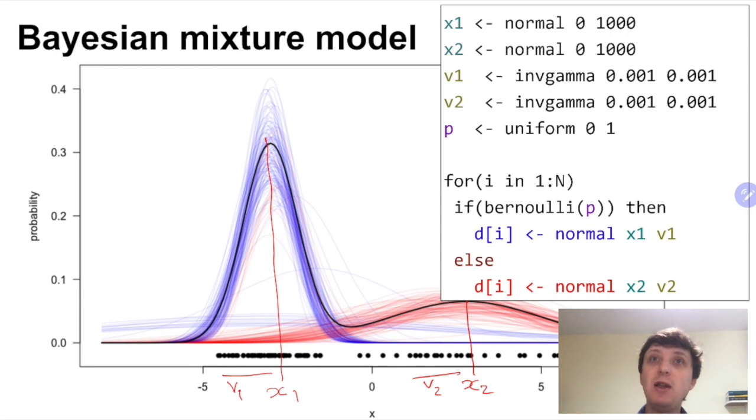We don't know how many things are in one cluster versus another. So let P be the proportion of things in the left-hand cluster, and let 1 minus P be the proportion of things in the right-hand cluster. So that's the area under these blue curves is P.